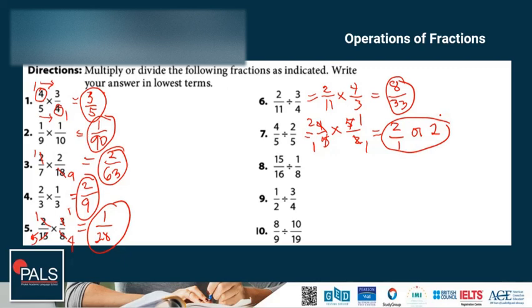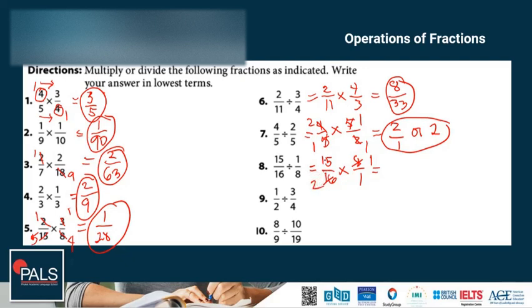Number 8. Same step. 15 over 16 times 8 over 1. We can cross cancel 8 and 16. 8 divided by 8 is 1. 16 divided by 8 is 2.